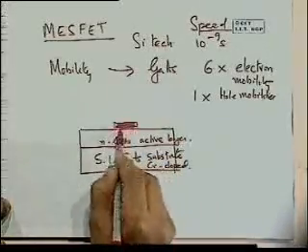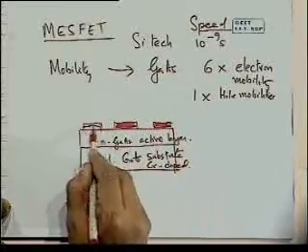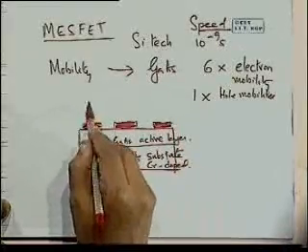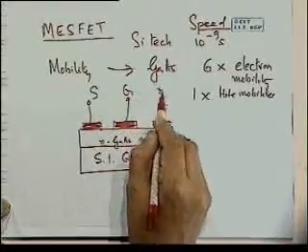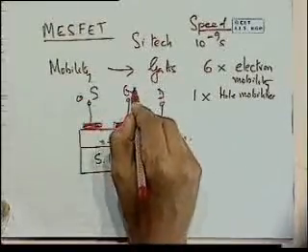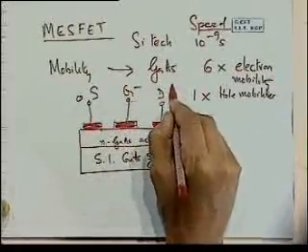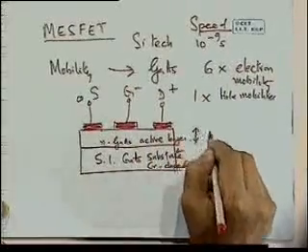Nothing else is there. You've got source, gate, and drain. With respect to the source being at 0 volt, the gate is negatively biased and the drain is positively biased. And this layer is very thin.